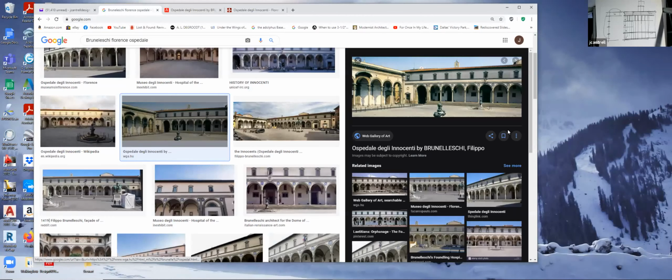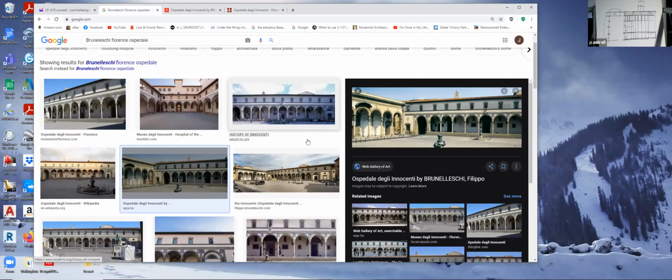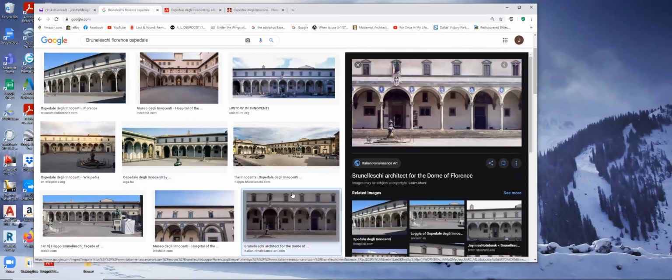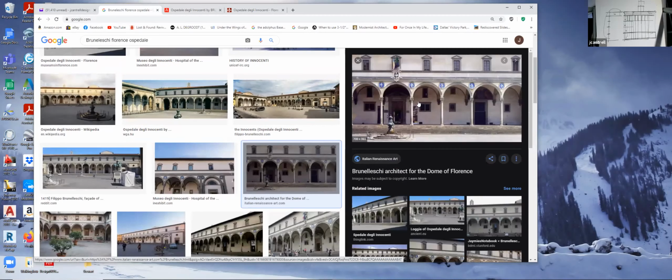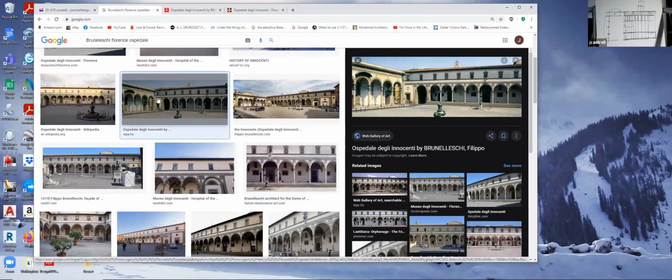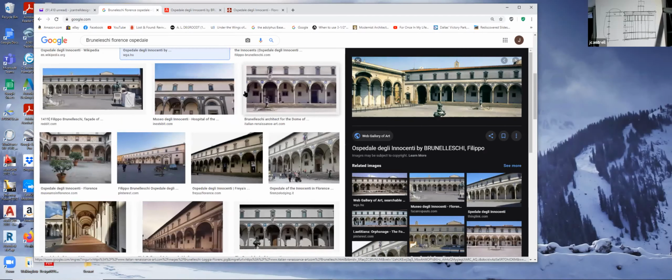Okay, so you can see the screen now that has the Florentine Hospital. Yes. So here's an example with no entablature and just the arches on top of the column. But if you look at the church facade on the left, there is an entablature above the columns. You can see the cornice. Let me see if I can enlarge that.